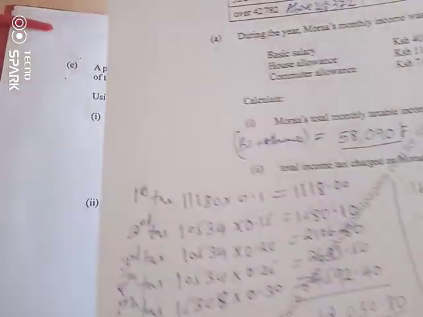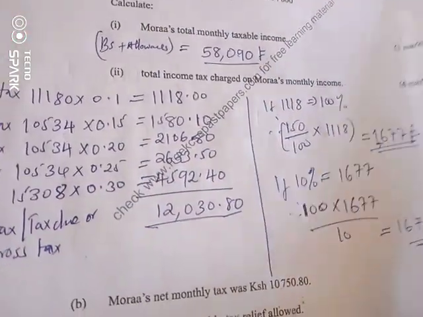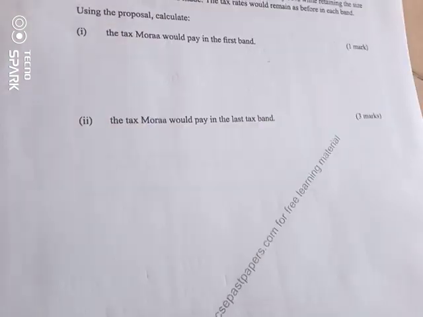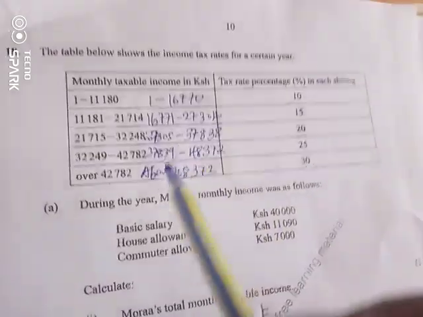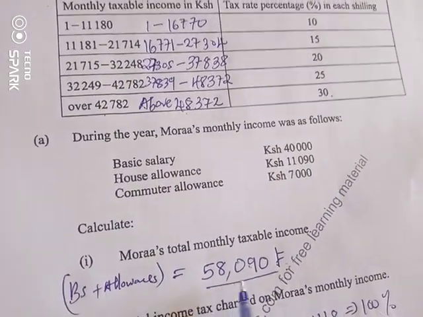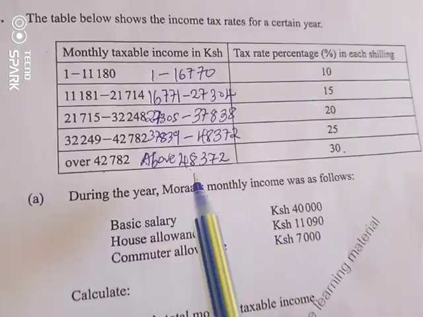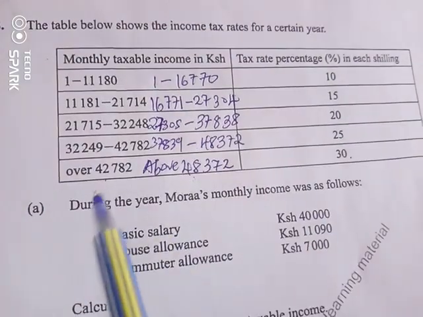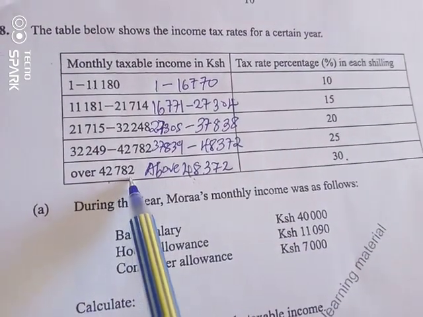Three good marks. So let me do it this side. The tax Mora would pay in the last band is very interesting. We just go and look at the remainder. We get 58,090 minus 48,372, instead of the 42,782.